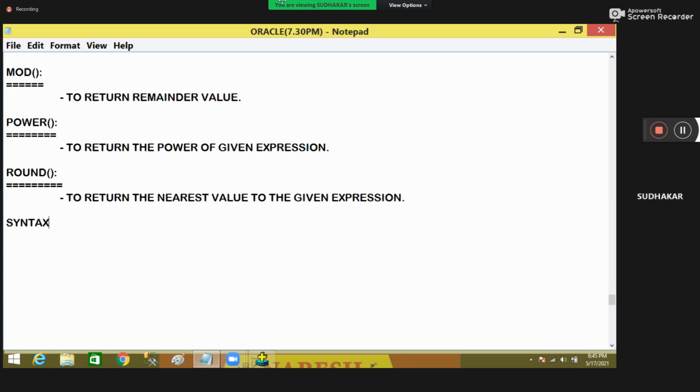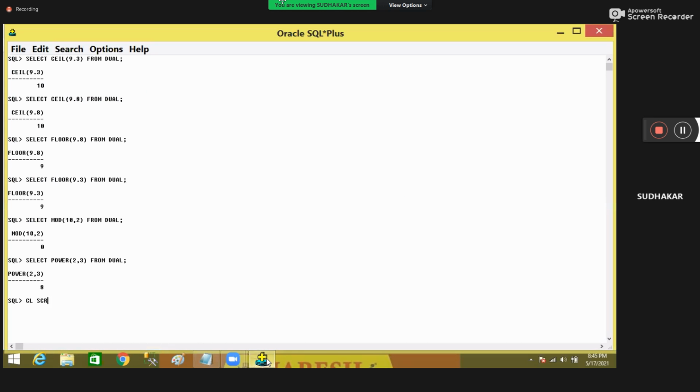In the round function I'm passing a number, and later I can send the decimal places, but it is optional.